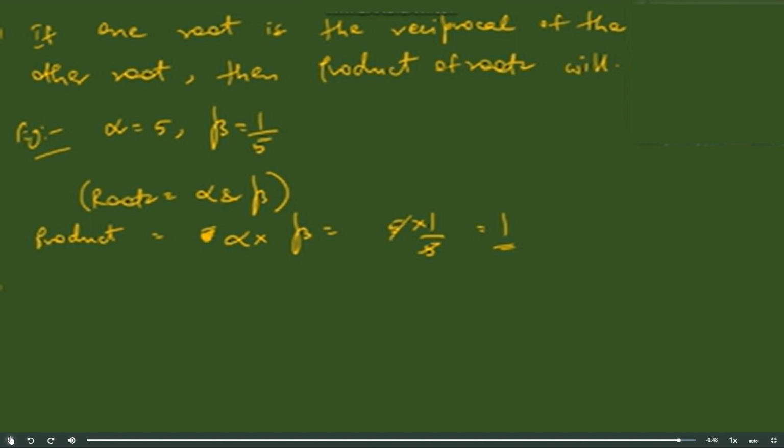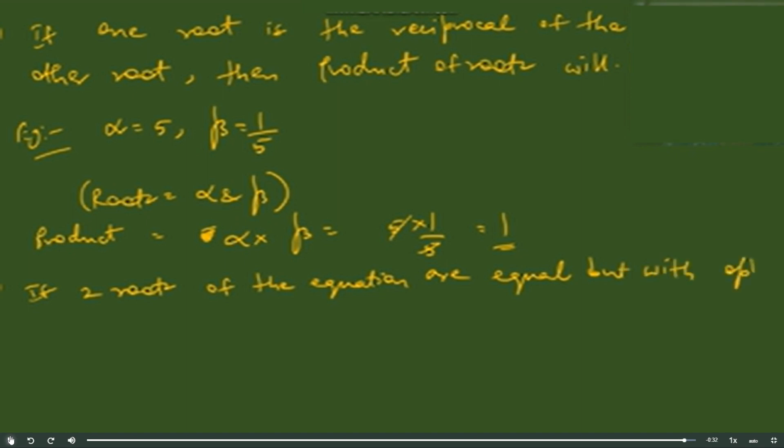Then the next one is, if two roots of the equation are equal but with opposite signs, then sum of the roots will be equal to 0.